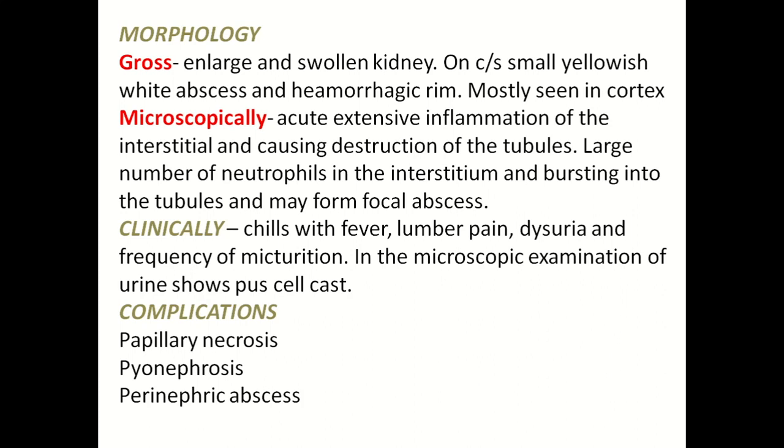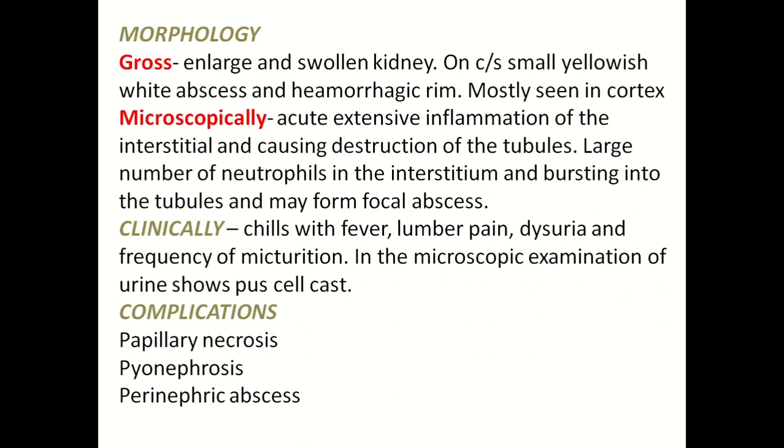There are lots of neutrophils in the interstitium, and these neutrophils enter into the tubules and cause destruction of them also. A large number of neutrophils in the interstitium burst into the tubules and may form focal abscesses. So you have to concentrate on the microscopy.